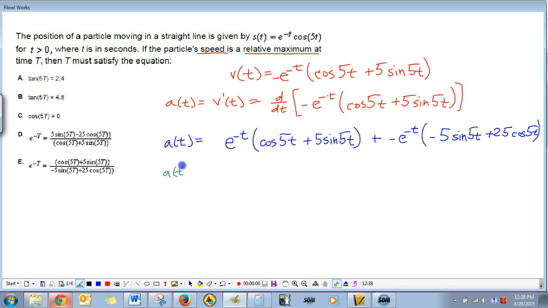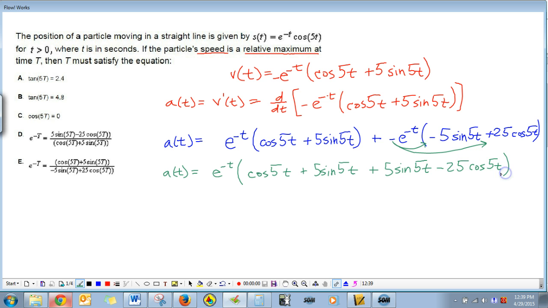Now, if I factor out an e to the negative t and distribute this negative through, I'm going to get e to the negative t times cosine 5t plus 5 sine 5t, negative times negative is positive, plus 5 sine 5t minus 25 cosine 5t.